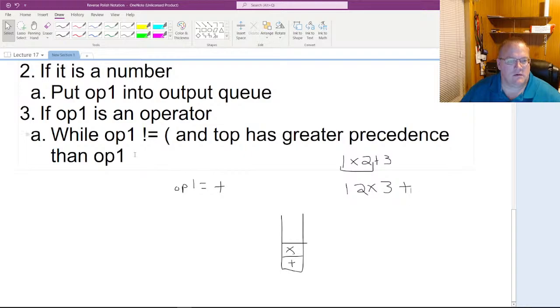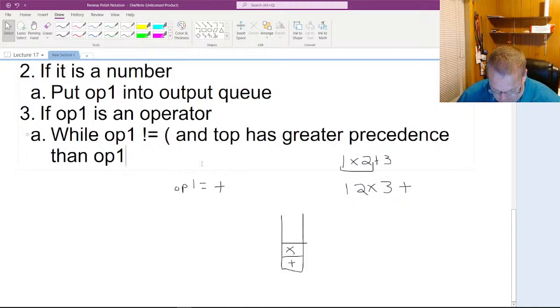Okay. But this says, if we just read in another operator like this plus, and top has greater precedence than our op1 that we just read in, then we're going to do the while loop.